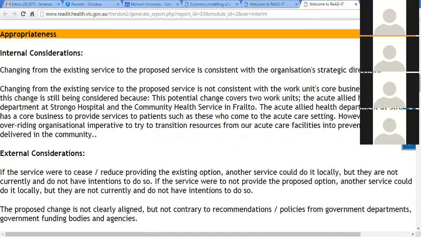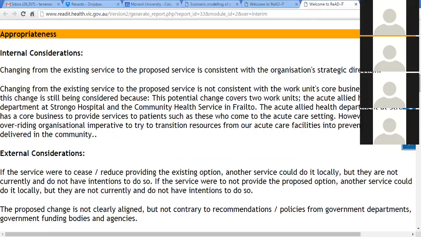Now, what we have in the rest of the report is the different domains of decision making that you've answered questions about, all grouped together. The first theme area, I should say, is appropriateness. What is the appropriateness of the choice that you're making?